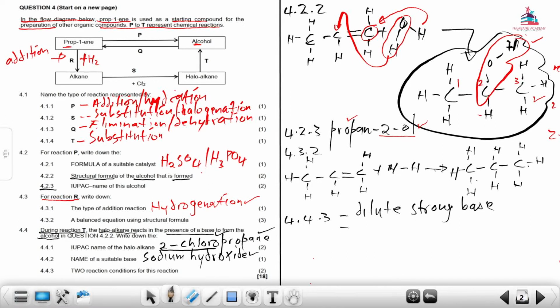Then the second one is for us to have now mild heat. You can even have that one of excess water. It will be accepted, but it will be excess water, mild heat, because you cannot use excess water and dilute strong base at the same time. So it will be dilute strong base, or even excess H2O.